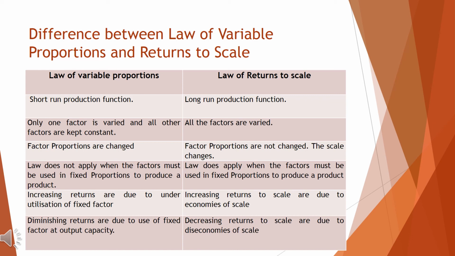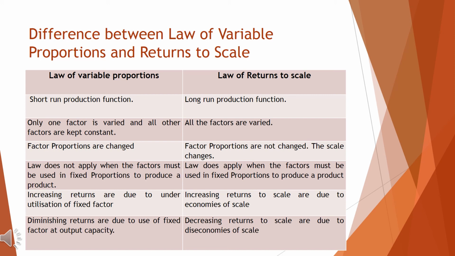In the law of returns to scale, there are 3 stages. In the first stage, increasing returns, it occurs when increase in output is more than proportional to increase in inputs.